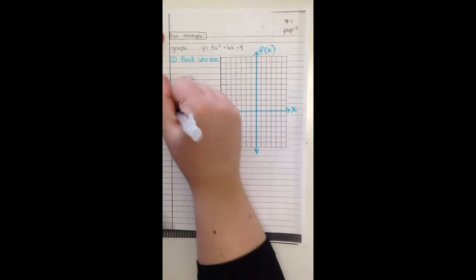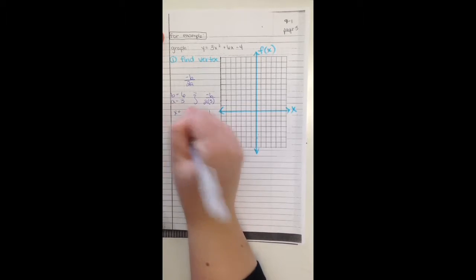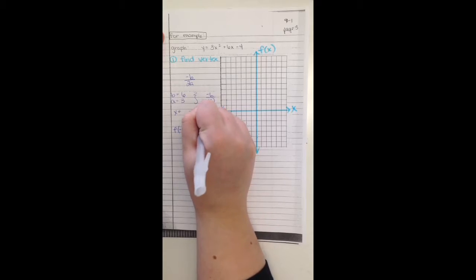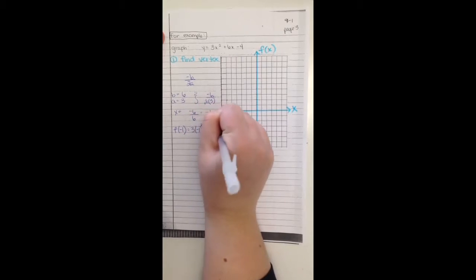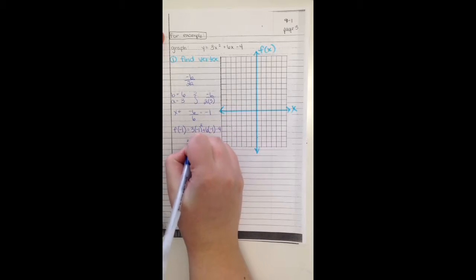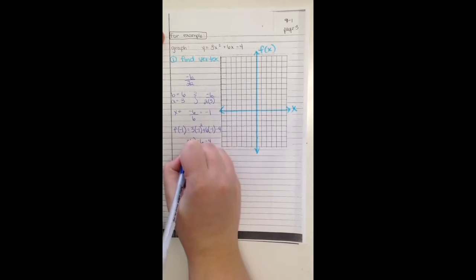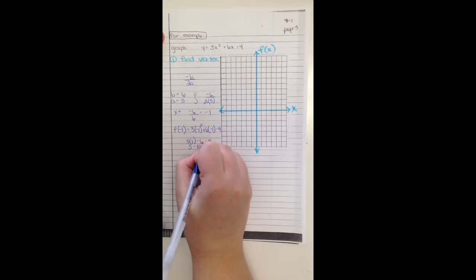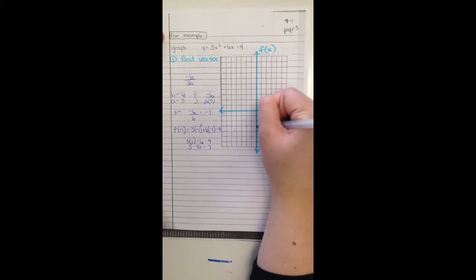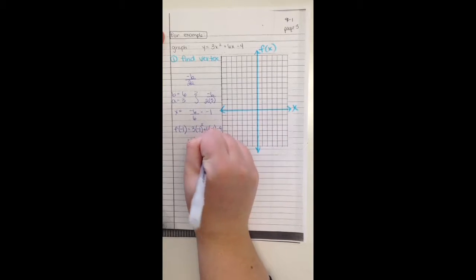This is actually an x value, so I'm going to plug that in. So I'm going to say f of -1 equals 3 times -1 squared plus 6 times -1 minus 4. -1 squared is 1, so I get 3 times 1. 6 times -1 is -6 minus 4, so I get 3 minus 10, which is -7. So I'm at -1, -7. That's my vertex.